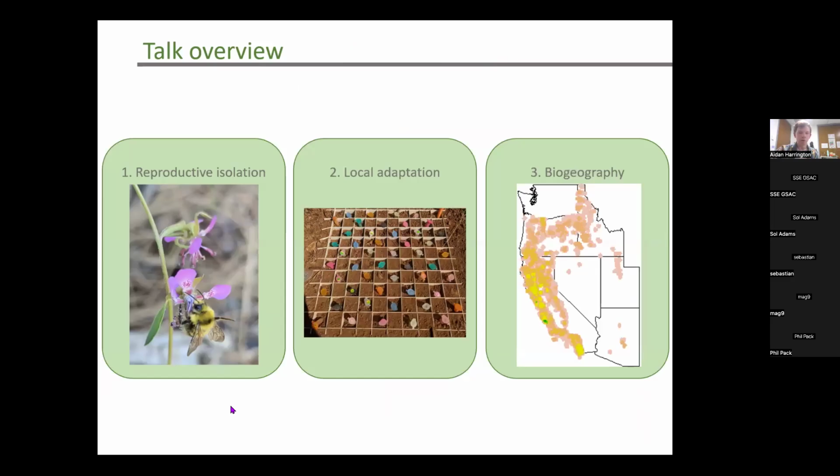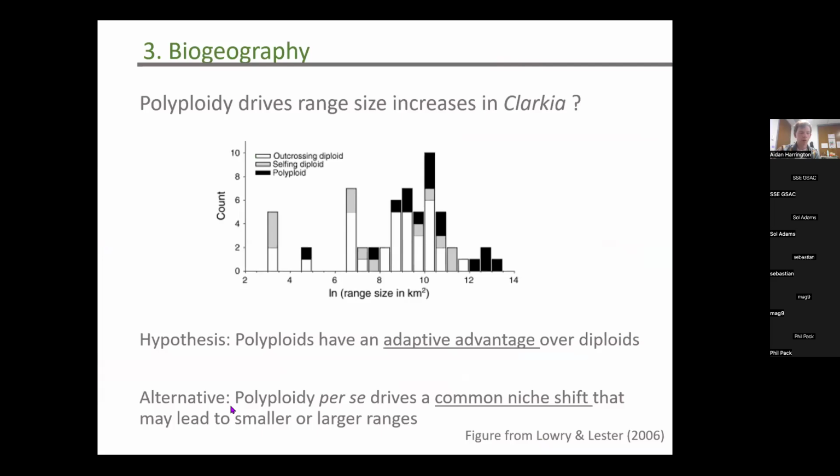Okay, so the last story is about biogeography of polyploidy and Clarkia. There's been this pretty persistent idea in the literature, generally speaking, that polyploidy drives range size increases. And you'll find that Clarkia is often cited as an example of this.